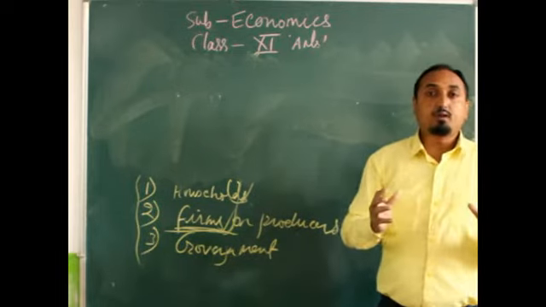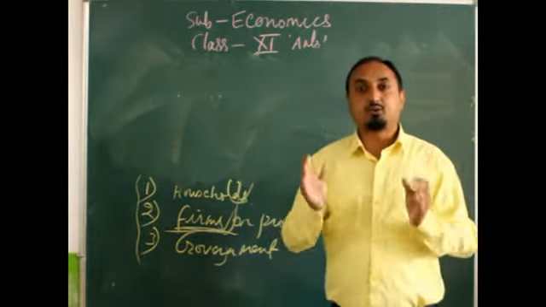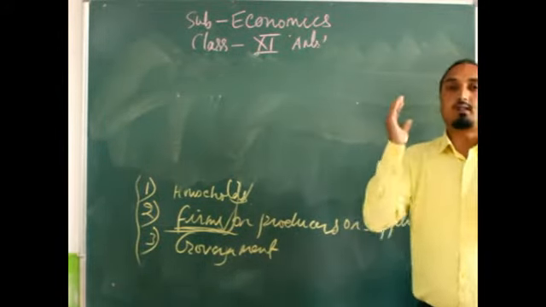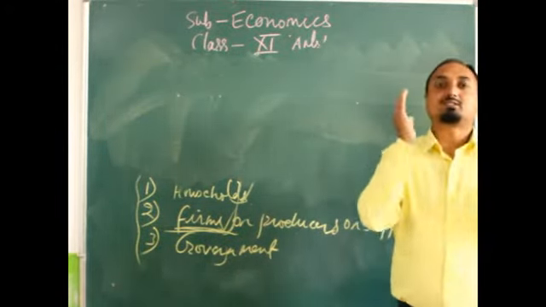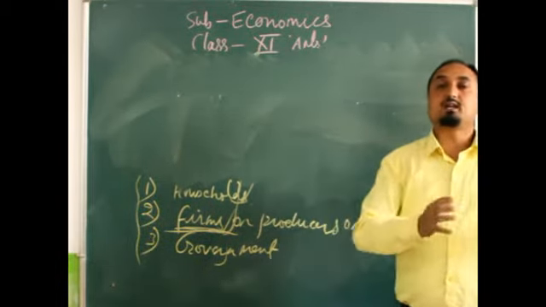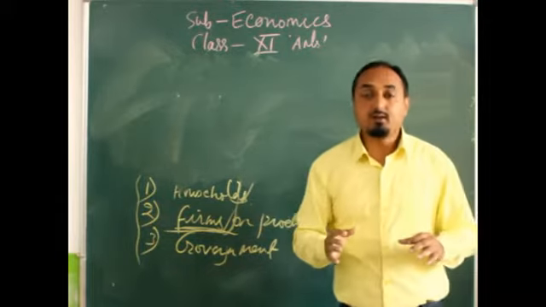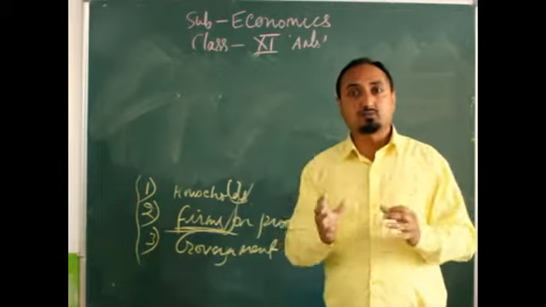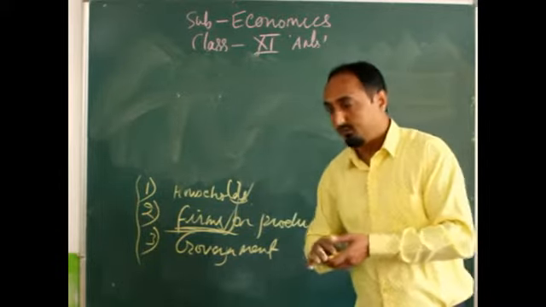The government provides safety, security, and is the legal authority. That government may be central government, state government, and local government. These different types of government have their different functions, and they are performing them for the betterment of an economy.